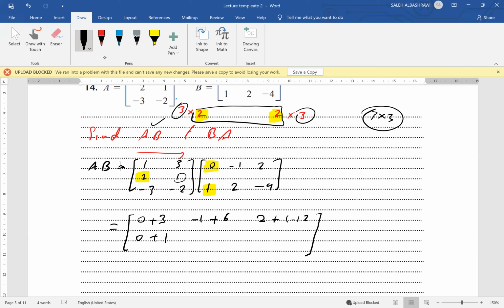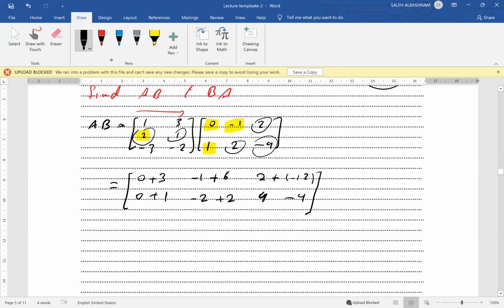Let's move to the second column now. 2 times minus 1 will give me minus 2, then 1 multiplied by 2 will be plus 2. Now let's move to the third column. 2 times 2 is equal to 4, this one with this one, and 1 times minus 4 is equal to minus 4. So we are done with the second row.